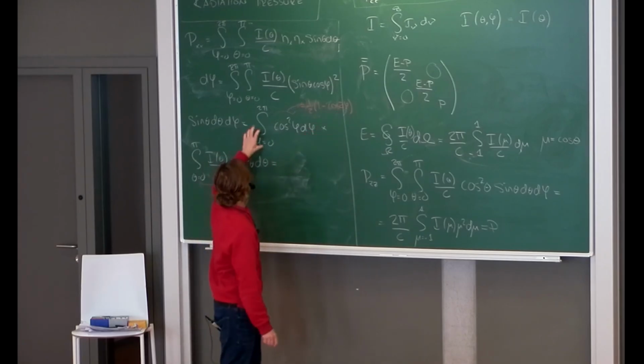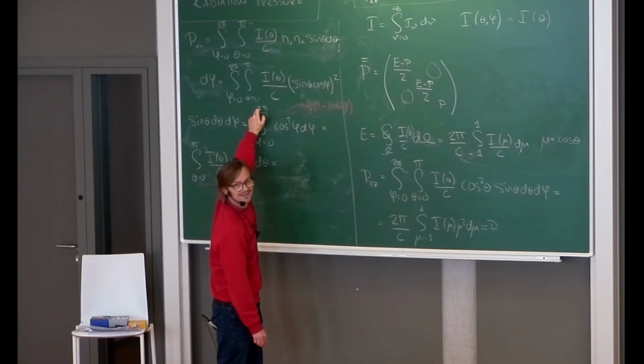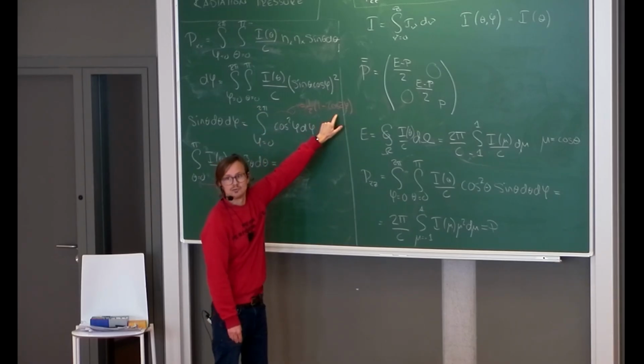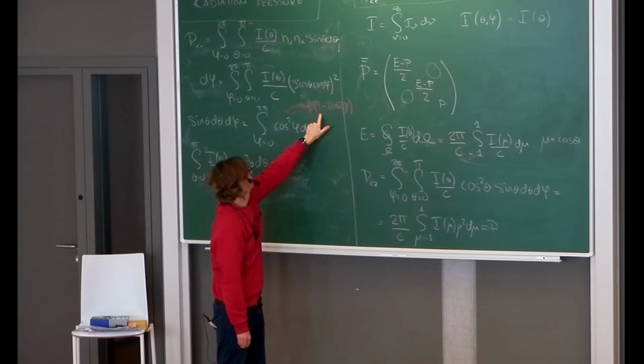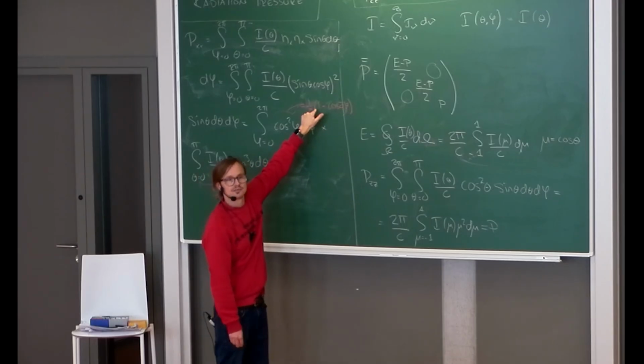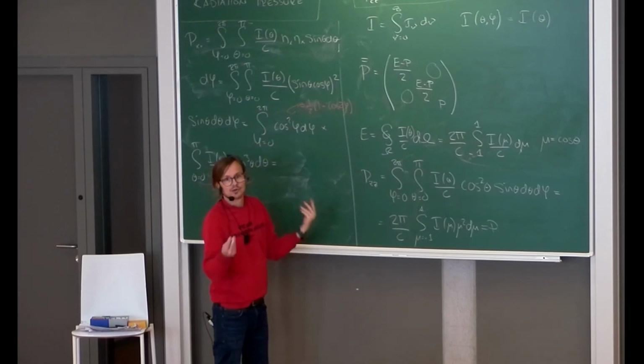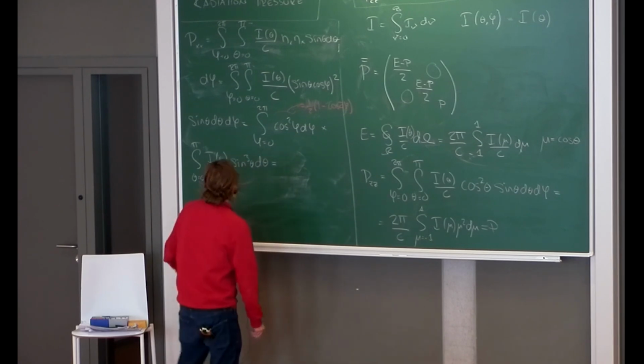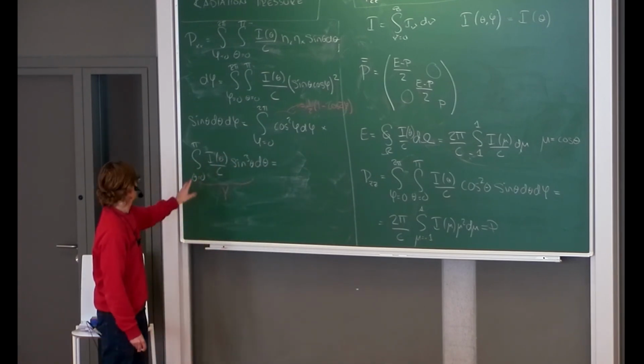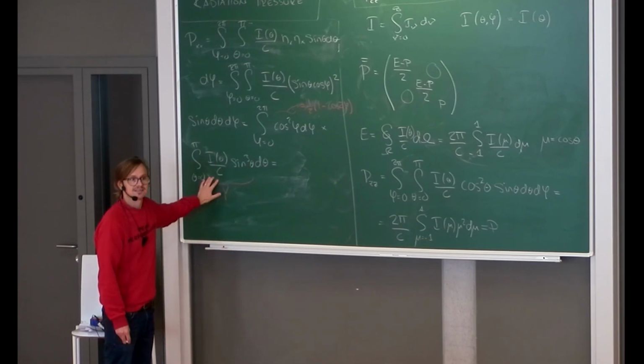And we have 0 to 2 pi as an interval, so we should immediately realize that this is going to be 0 no matter what we do. So then we're just left with that, and that is 1/2, so that we can integrate. So that's just going to be 2 pi and a half, so we get out a pi. So in the end, we're just left with pi times this.